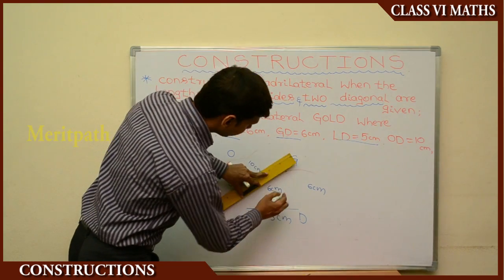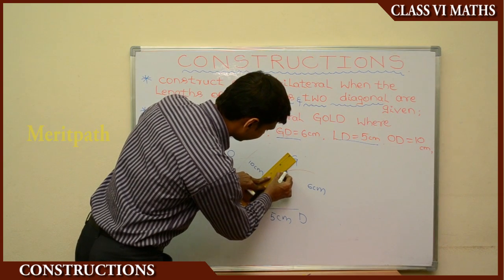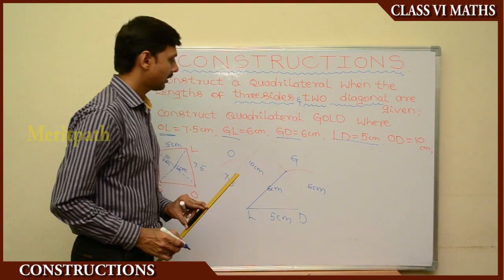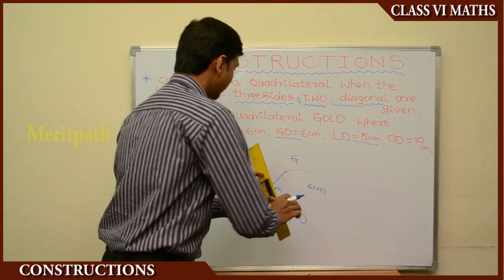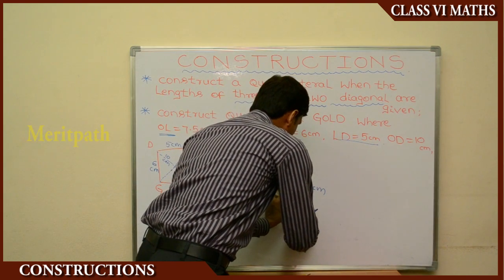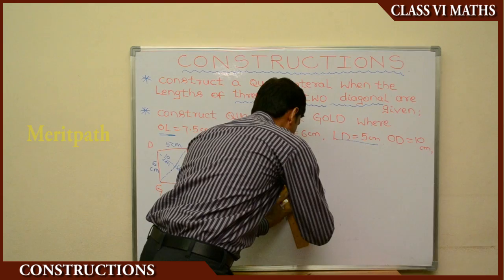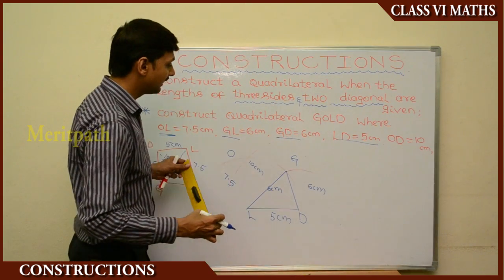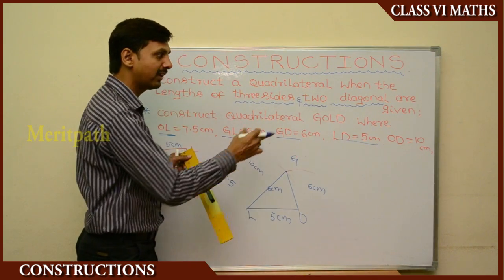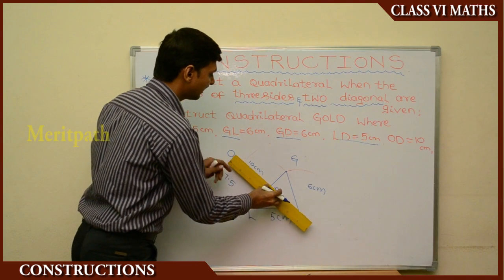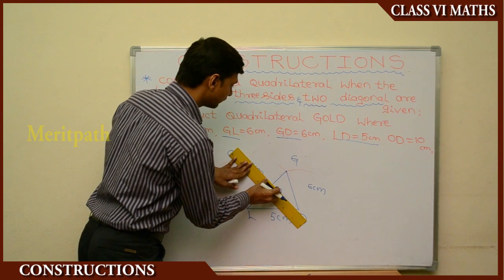So GL, let's join GL. It's a diagonal. And the next one is GD. We got a triangle. The next diagonal is OD. Let's join this OD.